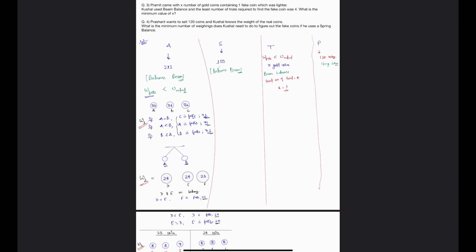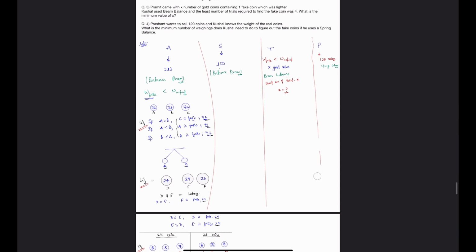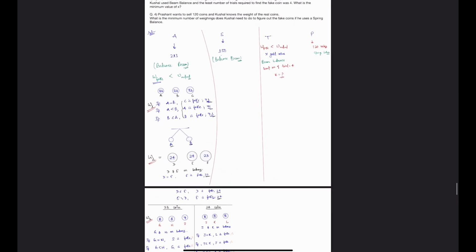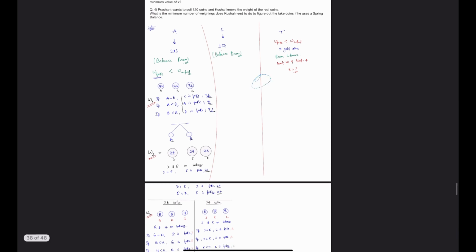For Prashant we will do it in the next page, because Prashant needs some space. I am removing Prashant for the time being over here. We will read it later on so that there will be some space left.